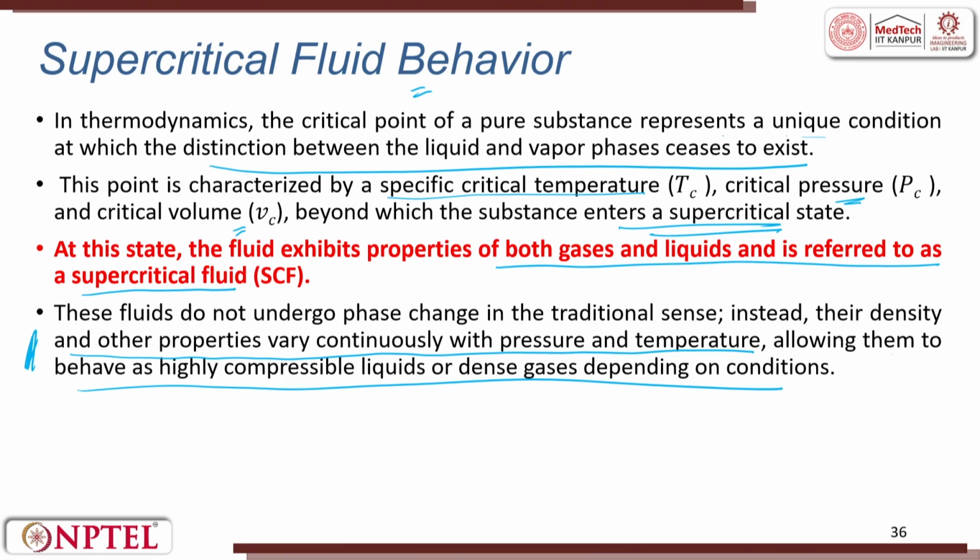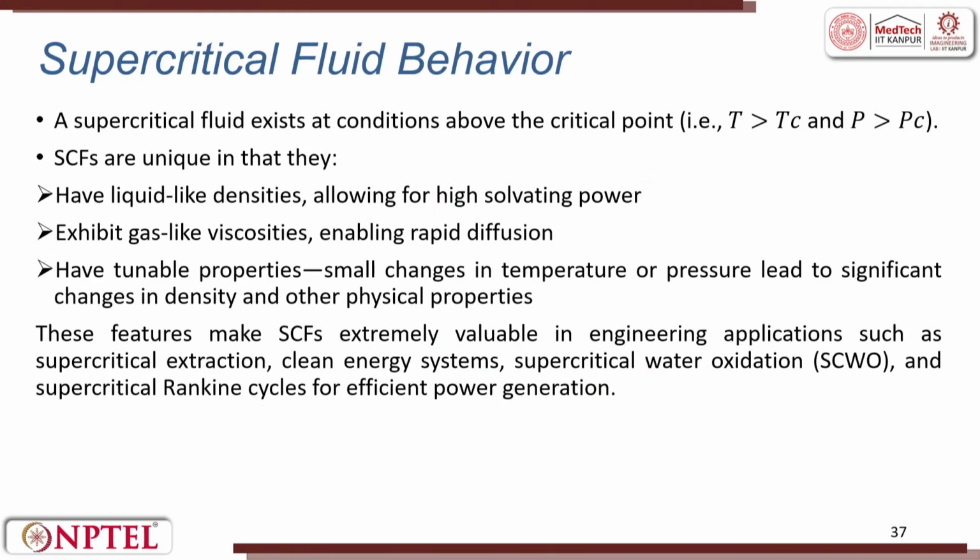A supercritical fluid exhibits both the properties of a gas and a liquid, allowing it to behave like a highly compressed fluid. When you use a highly compressed fluid, the energy transition is very high, so the work done will be very high. A supercritical fluid exists at a condition above the critical temperature, T greater than Tc and P greater than Pc.